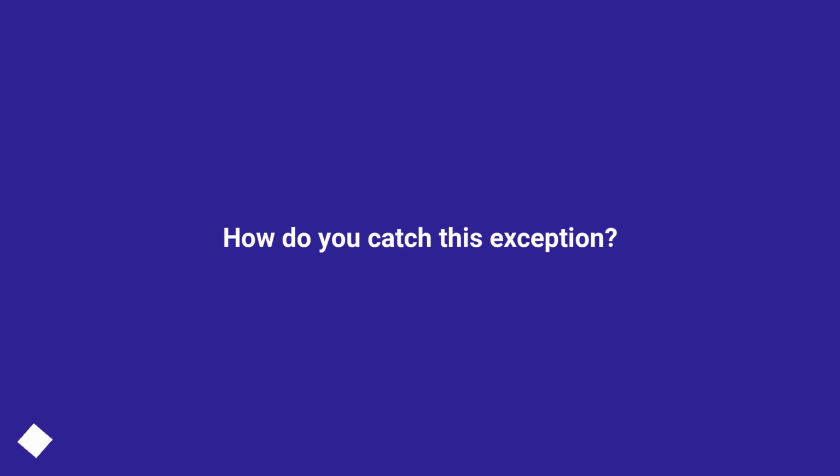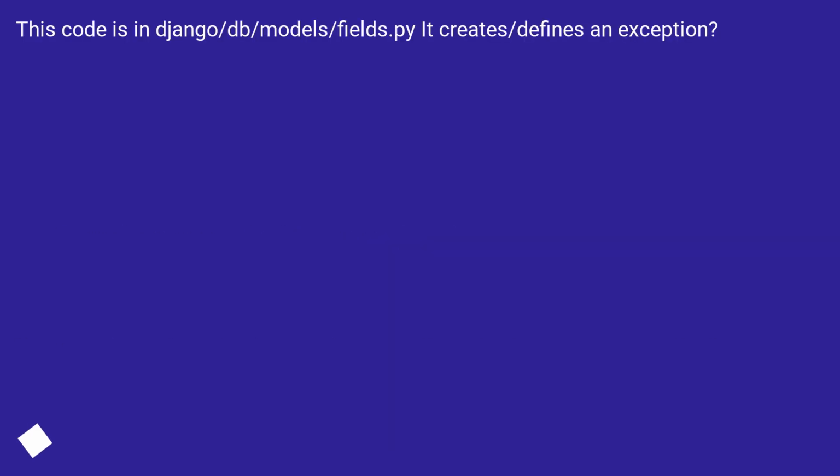How do you catch this exception? This code is in django/db/models/fields.py. It creates/defines an exception.